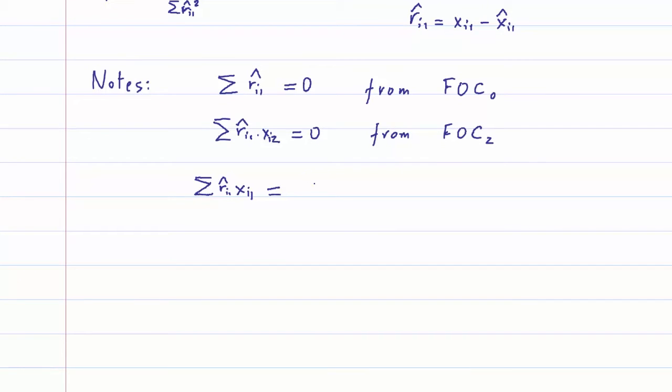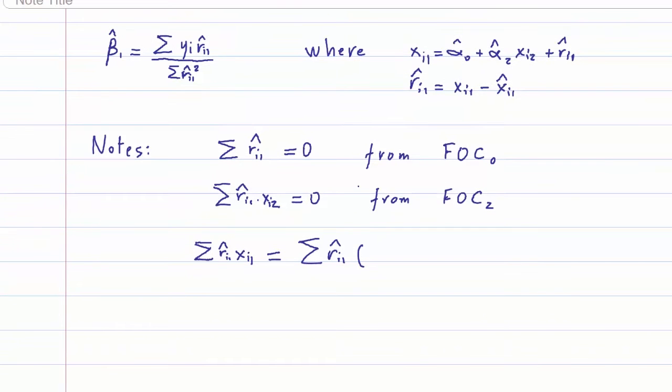This is equal to the sum of ri1 hat times xi1, and xi1 is just alpha 0 hat plus alpha 2 hat xi2 plus ri1 hat. I'm just taking the equation at the top and plugging it in here.